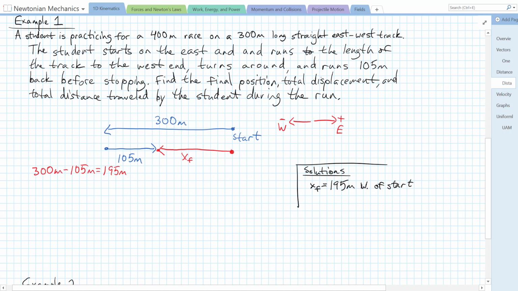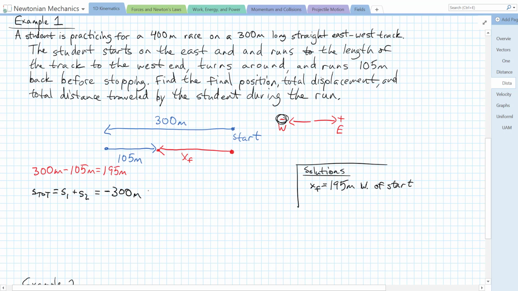Okay, next up we need to find the total displacement. And actually, we did find the total displacement, but we can do it in a different way. I'm just going to add up all the individual displacements. So S total is equal to S1 plus S2. Now the first displacement is 300 meters, but it's in the negative direction. So that's going to be negative 300 meters.